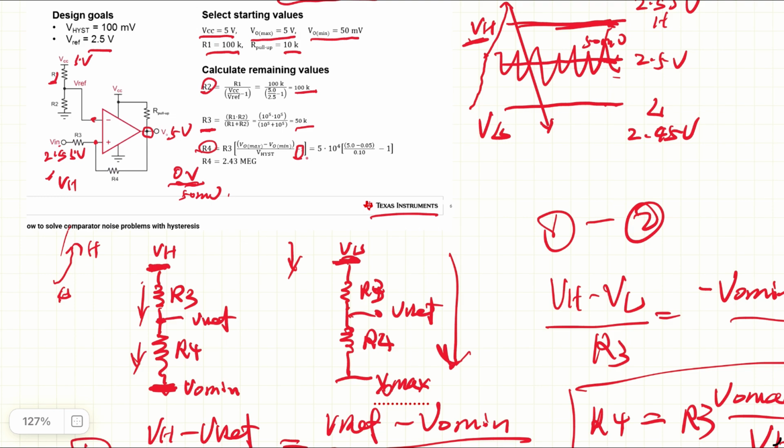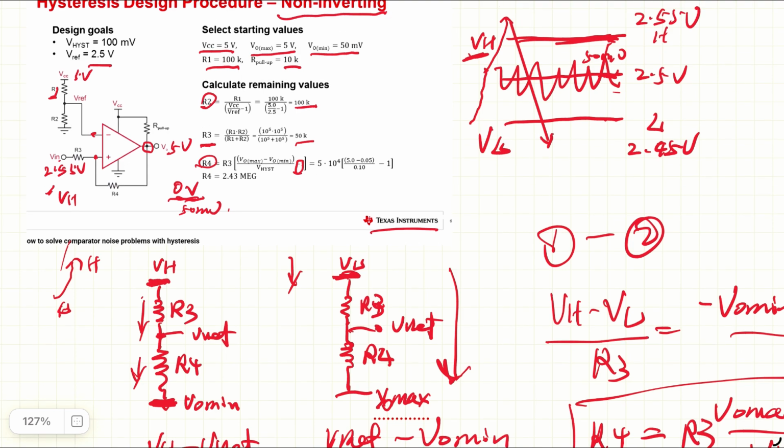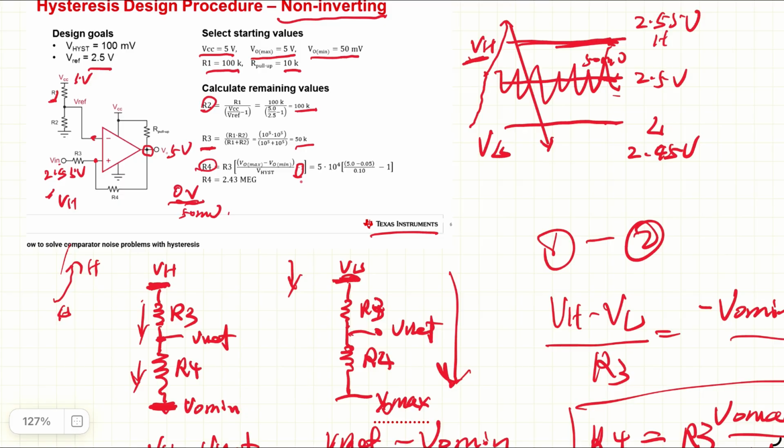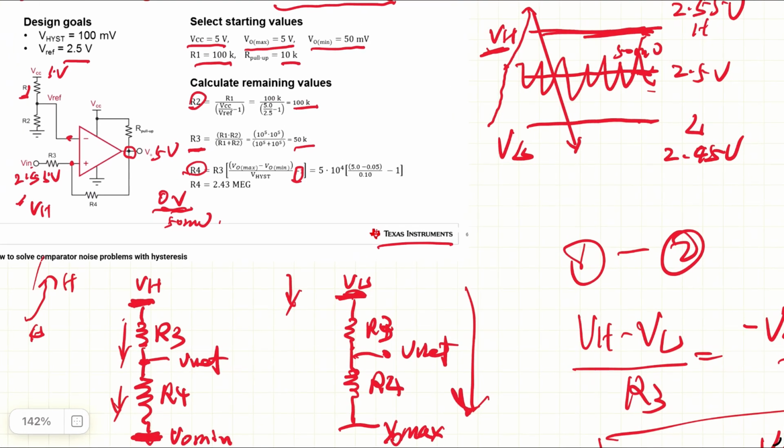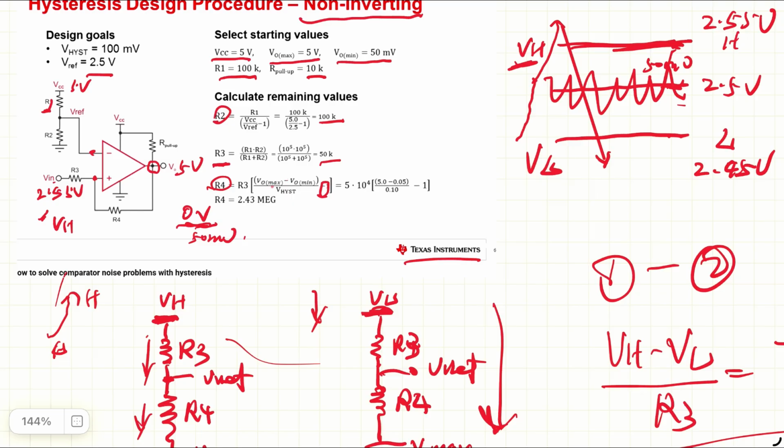This minus 1 should not be here. This is only if it's an inverting input, it will have a minus 1. It's not in this case. I think they had a mistake here. But even with this mistake, the output max minus min is about 5 volts and hysteresis is about 100 millivolts, so this division number is very large.